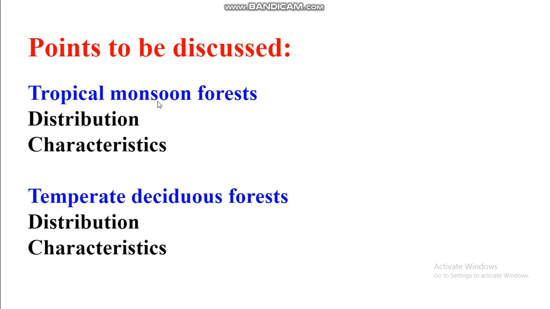What are tropical monsoon forests? Distribution of tropical monsoon forest. And characteristics of tropical monsoon forest.